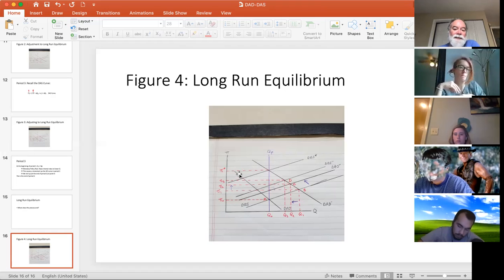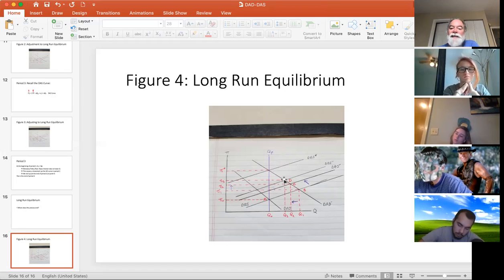And at that point, the DAS curve will start to shift in the correct direction, down and to the right. The Fed will be lowering interest rates to stimulate aggregate demand and to increase GDP back up to potential. It may well take a number of rounds.